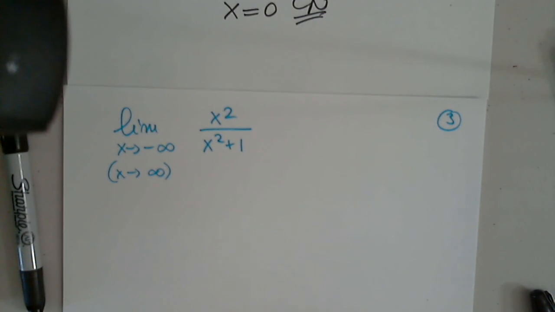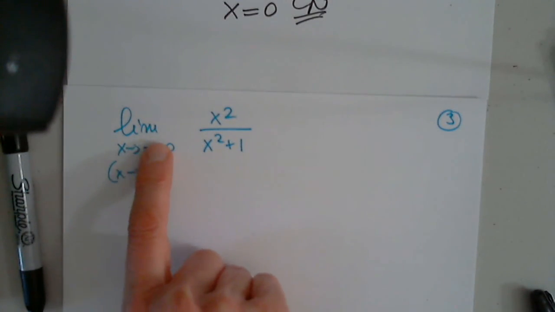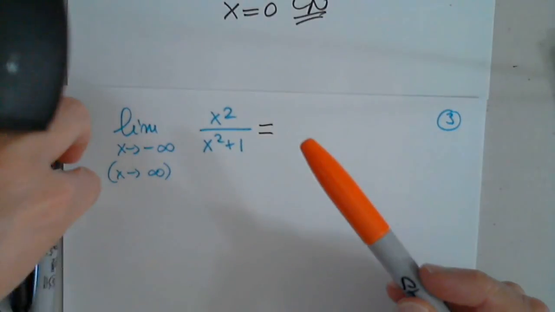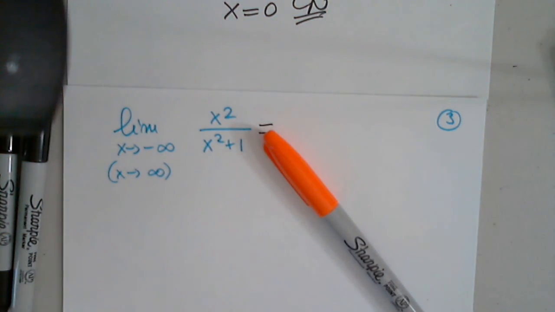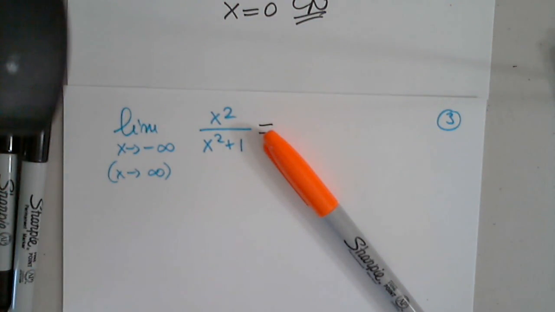Plug in, not x, but plug in whatever that is. That is the first point. Excellent, yes. So then, can you tell me where the top is going and where the denominator is going? Where is the numerator going? Infinity. Very good. Where is the denominator going? Also infinity.